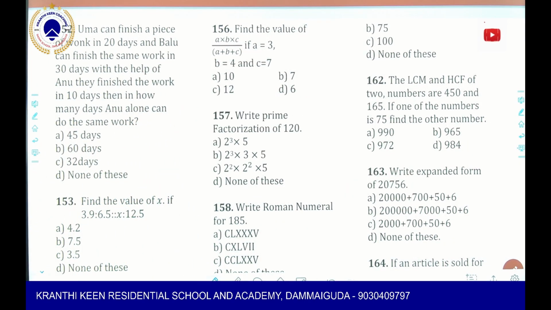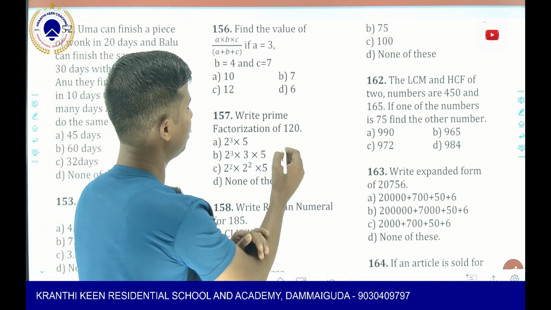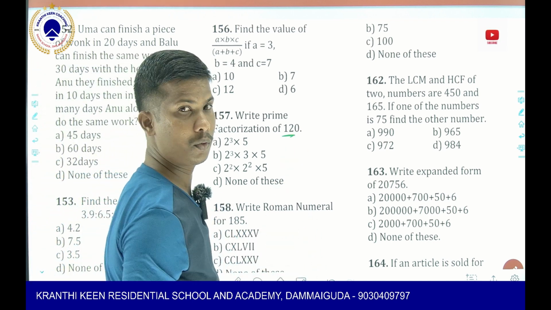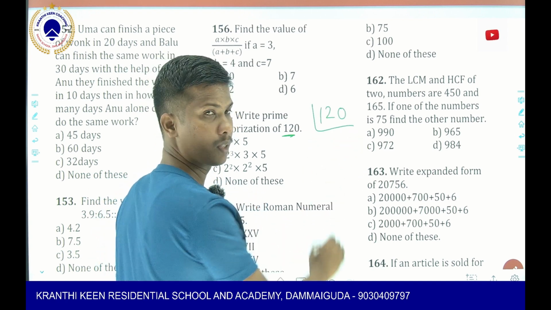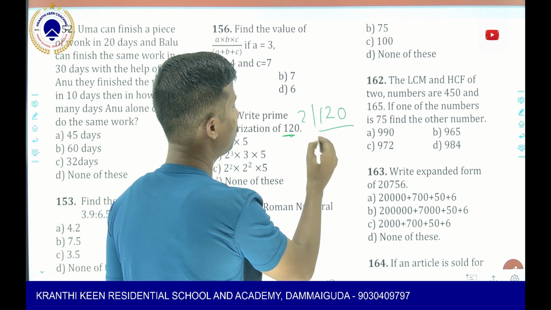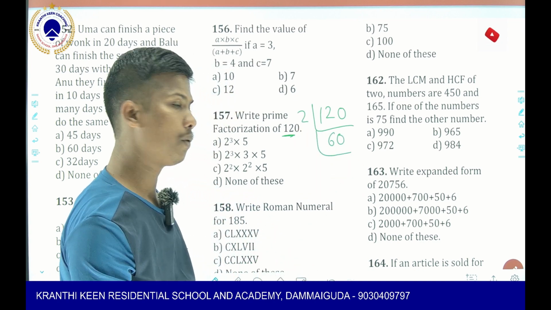Question number 157: write the prime factorization of 120. How to find the prime factors? 120, 2 60s. Until you get prime numbers, you have to do this process.